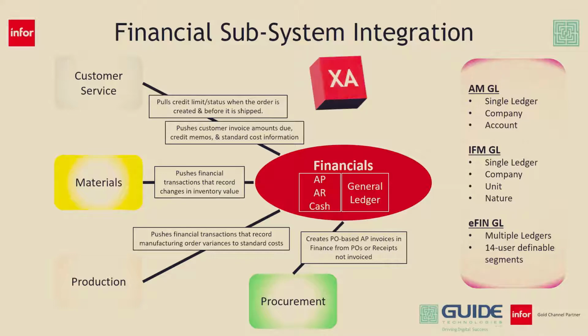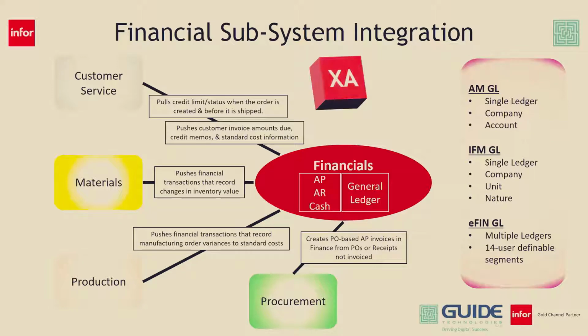When you get to Enterprise Financials, conceptually, this is a different animal, because I can have multiple ledgers. Now, what this really means is that if I have a company in Europe that's recording transactions in euros against an IFRS standard, and they've got a chart of account structure with 5 segments, I can also have a US-based company that maybe is recording to a general ledger with 3 segments in US.